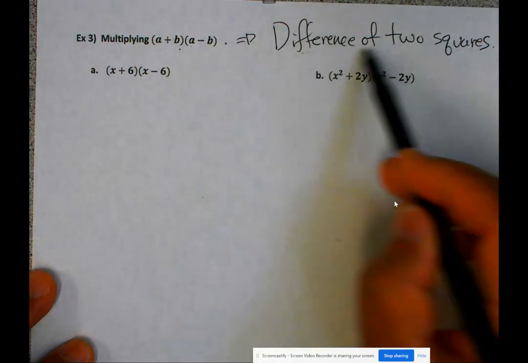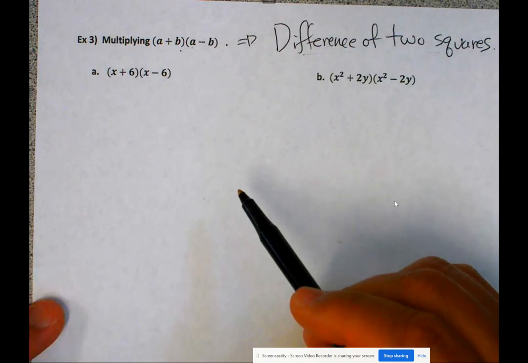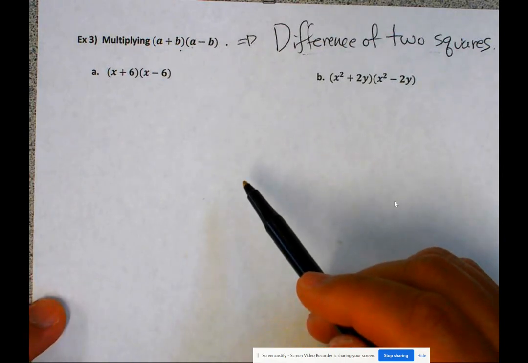We call it difference of two squares because the two middle terms will cancel each other out. Alright, so let me show you an example of what I mean by that.